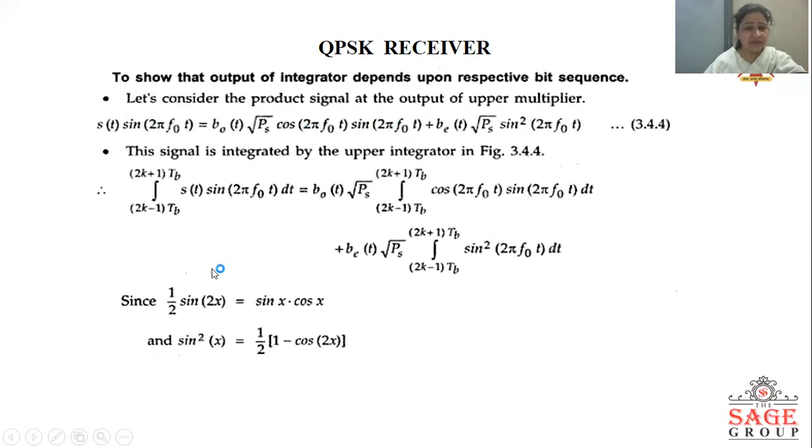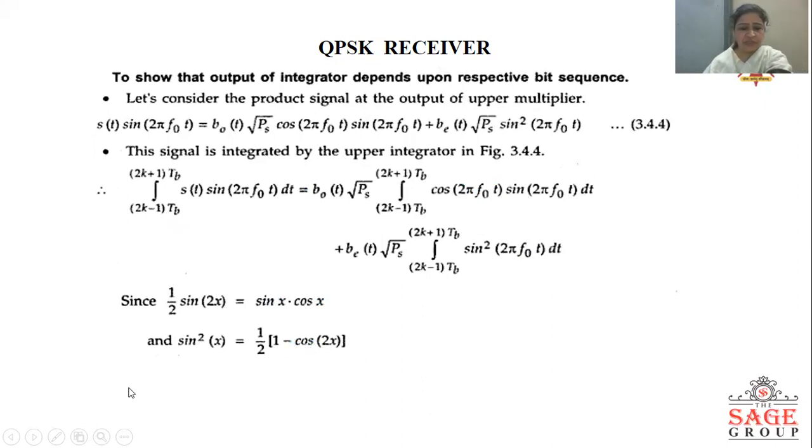Now this signal is given to the integrator, which integrates the incoming signal for 2-bit periods, from (2k minus 1) Tb to (2k plus 1) Tb. Using the integration property, the integration of a sum is the same as the sum of the integrations, so we separate the integral into two functions. Using the trigonometric identities, sin x cos x can be written as half sin 2x, and sin square x can be written as half of (1 minus cos 2x).